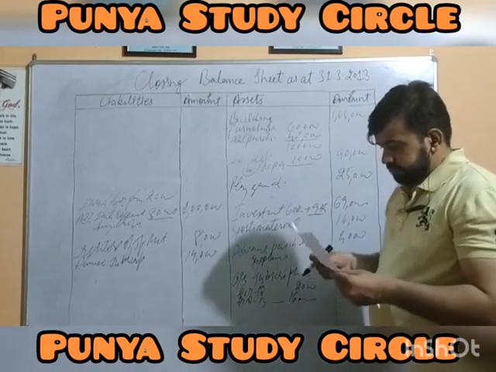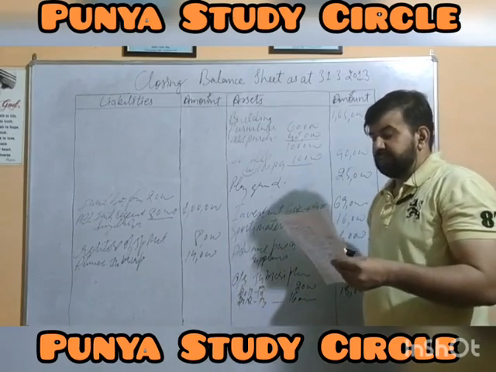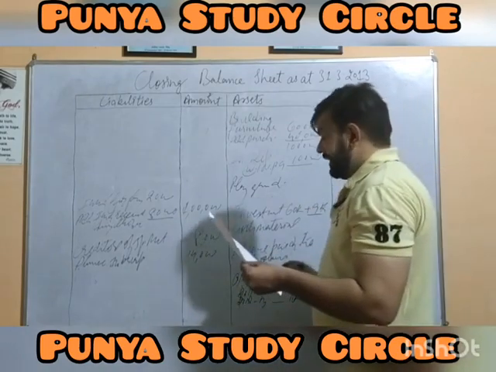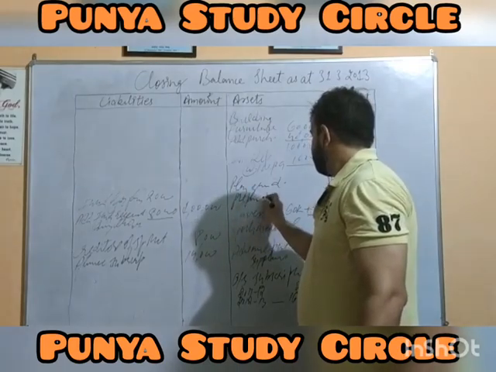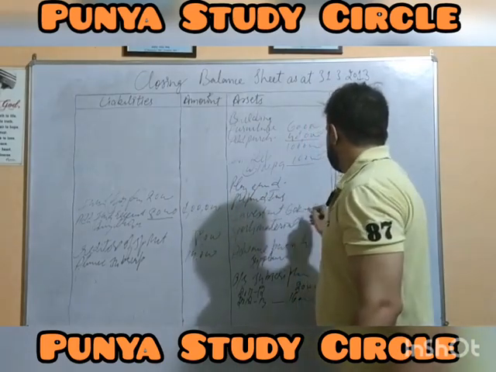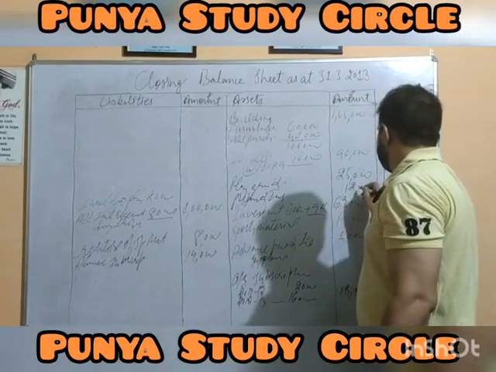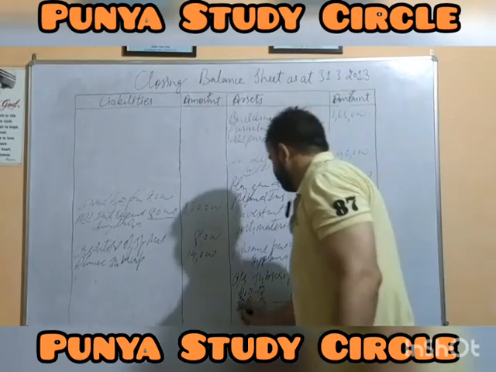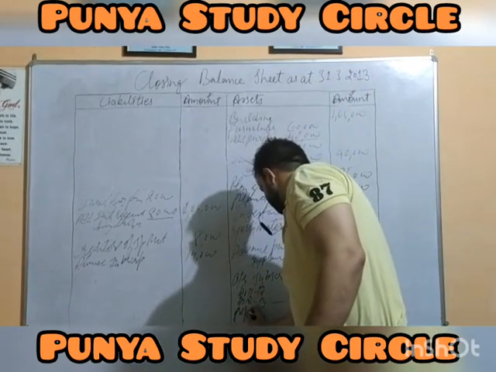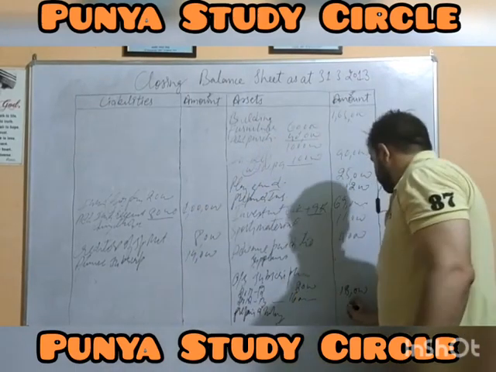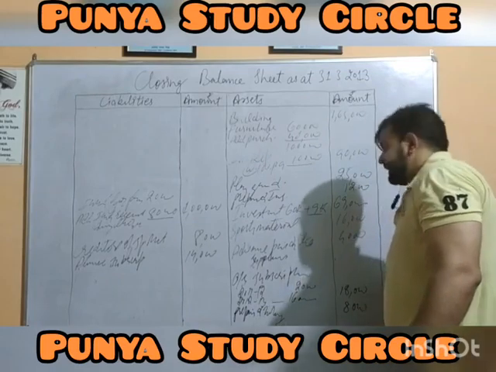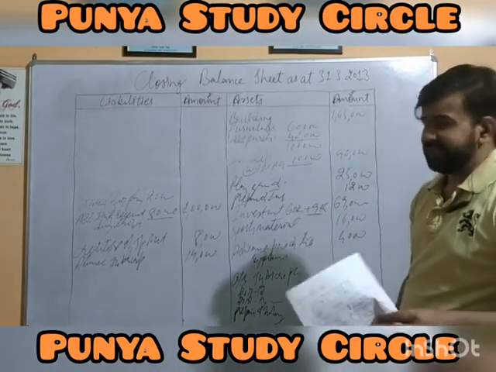Then we are having insurance premium prepaid in advance for 2 months, which we can call prepaid insurance, rupees 1,200. We also have prepaid salary, rupees 8,000, which we have subtracted from the expenditure side of salary amount given 78,000.